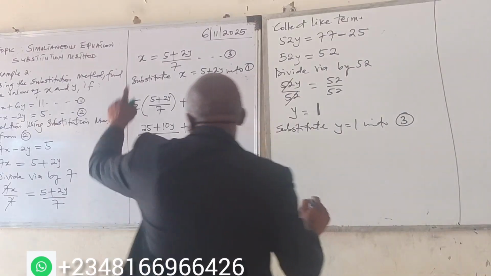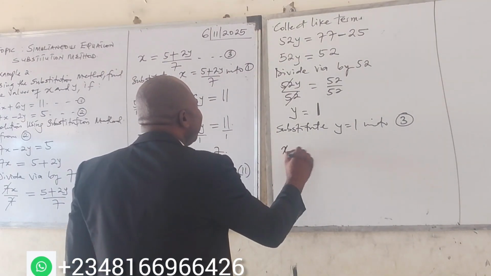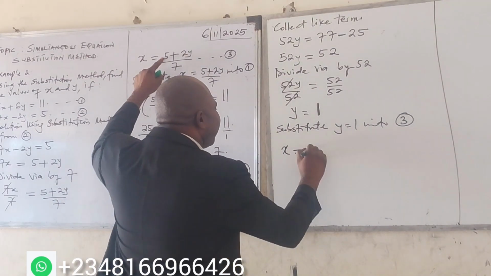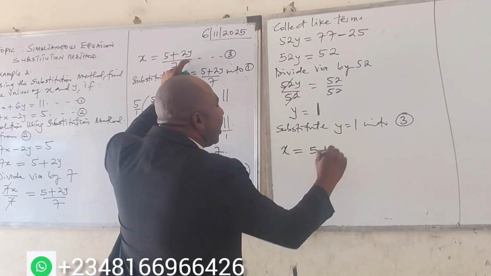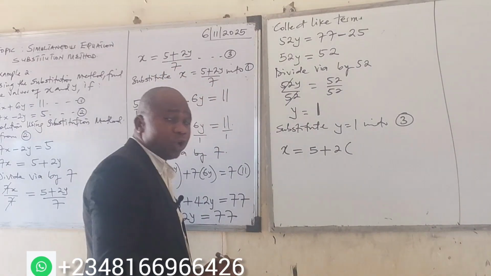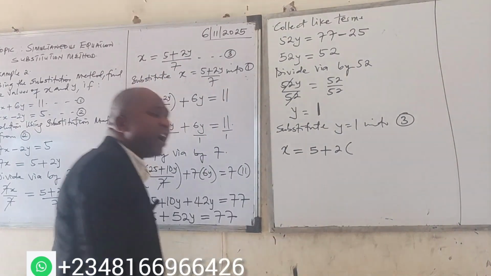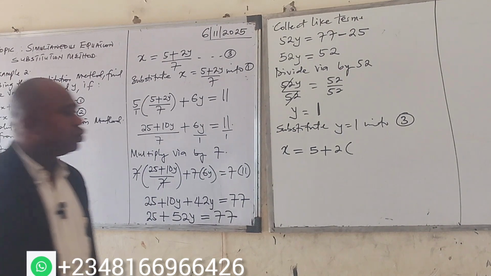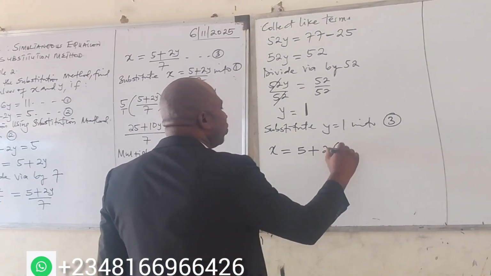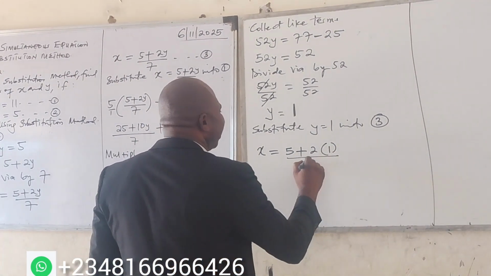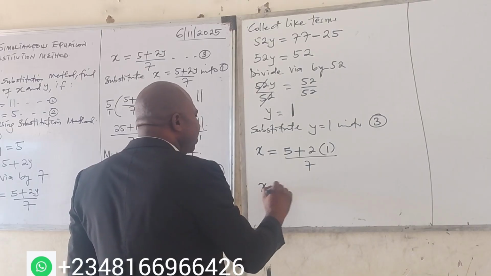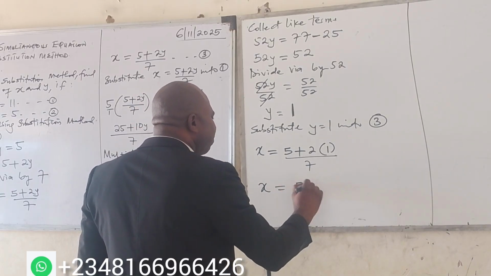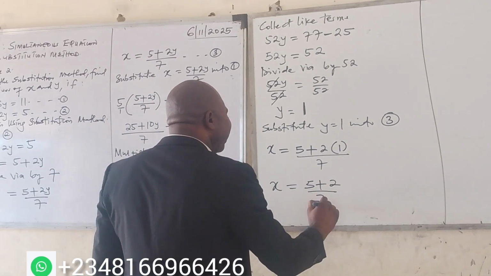Now, on equation 3, we have x is equal to 5 plus 2y, all over 7. And remember, the value of y now is 1. Good. So we have 5 plus 2 in bracket 1 all over 7. It means the value of x will be equal to 5 plus 2 divided by 7.